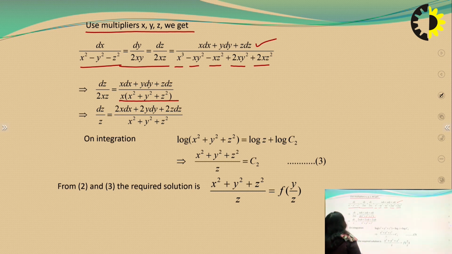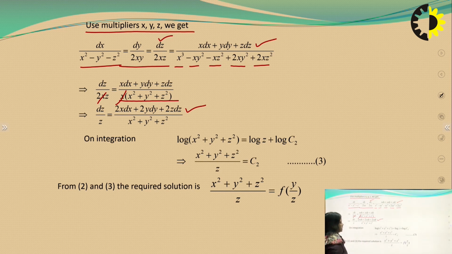Now what is the benefit behind taking this? Instead of 0, this is not becoming 0, but when I equate this to the third fraction dz upon 2xz, this x will go away. The numerator, if I multiply by 2, gives me the derivative of the denominator.